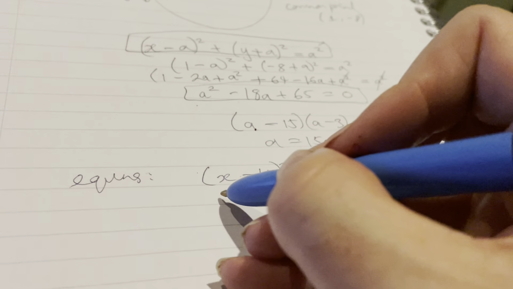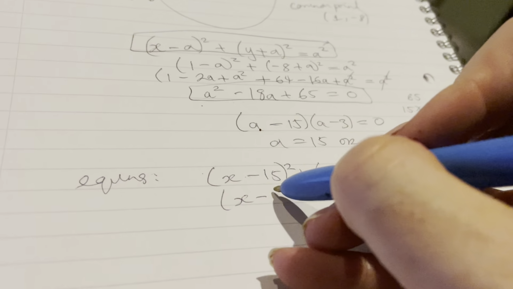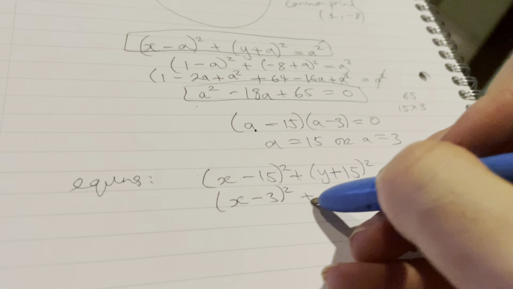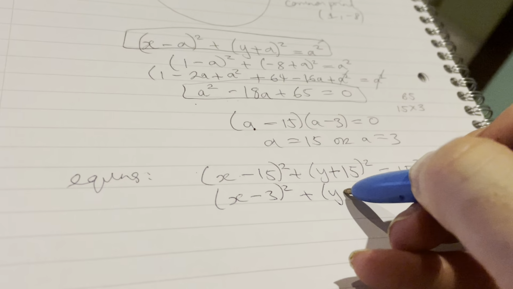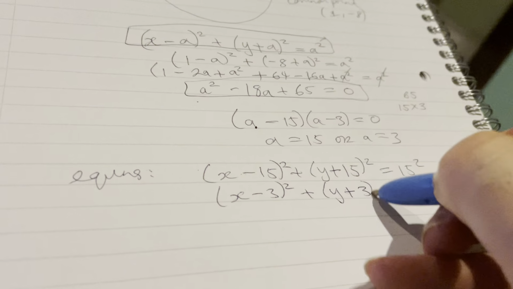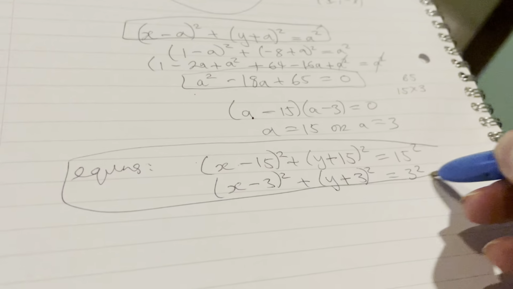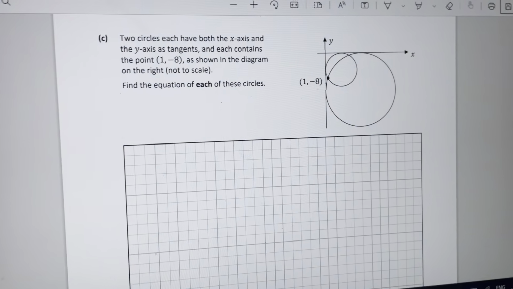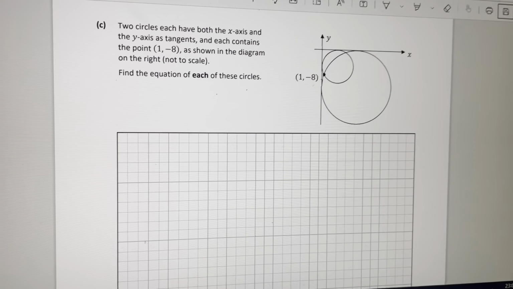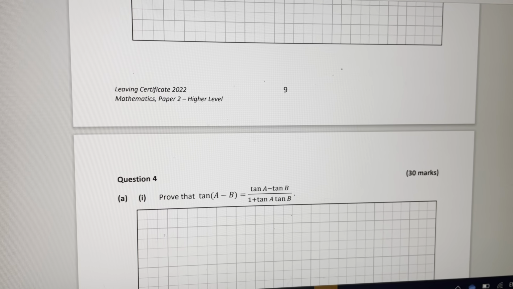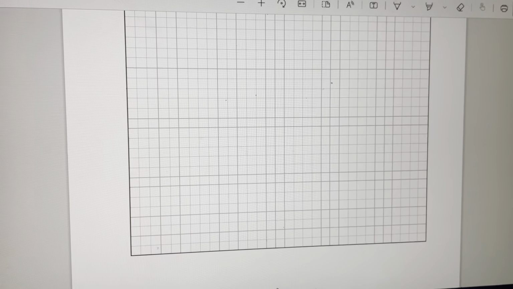And the other one is (x minus 3) squared plus (y plus 3) squared equals 3 squared. There are the two equations of the circles, and that is a pretty nice question. I think this year the line and the circle have been pretty handy and pretty nice. Yeah, that is the end of the question. So hope that worked out well for people who attempted it.